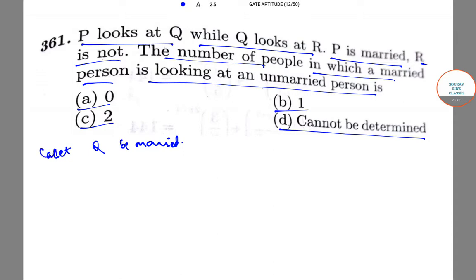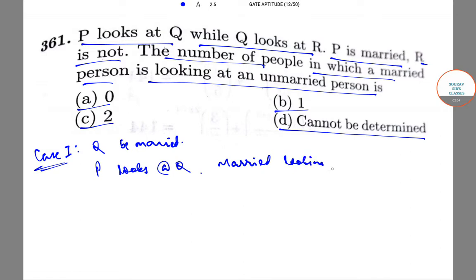Let this be our case 1. That is, Q is married. Now, P looks at Q. So married, looking at married, not considered.